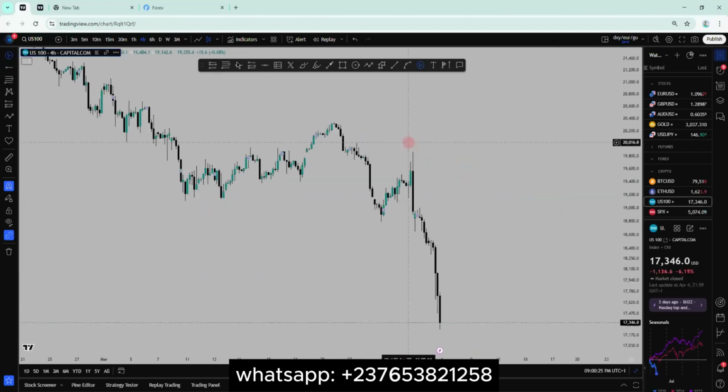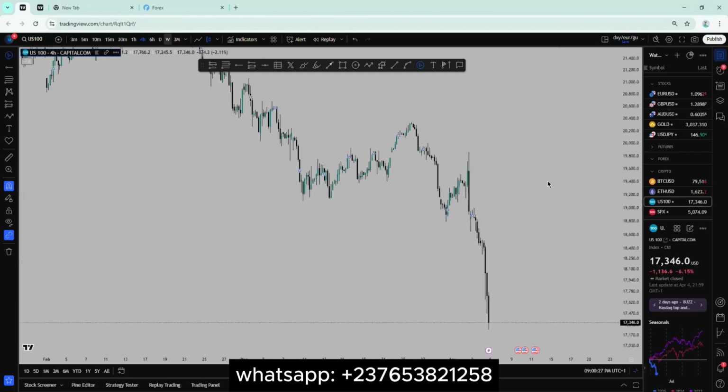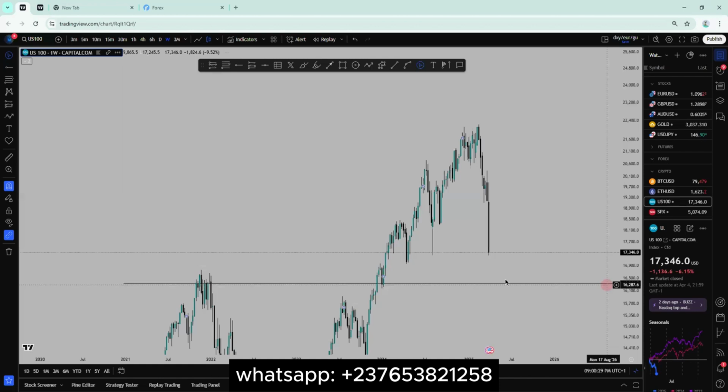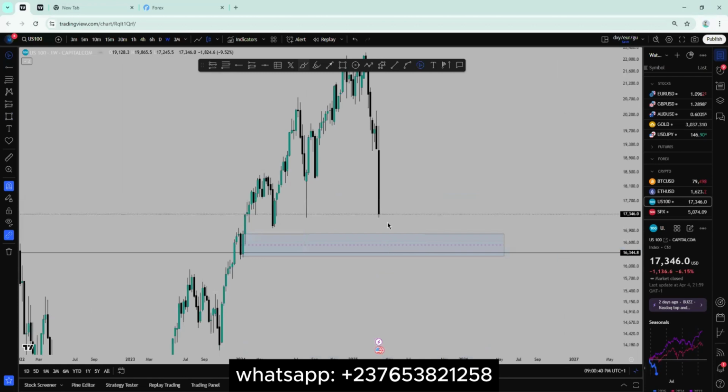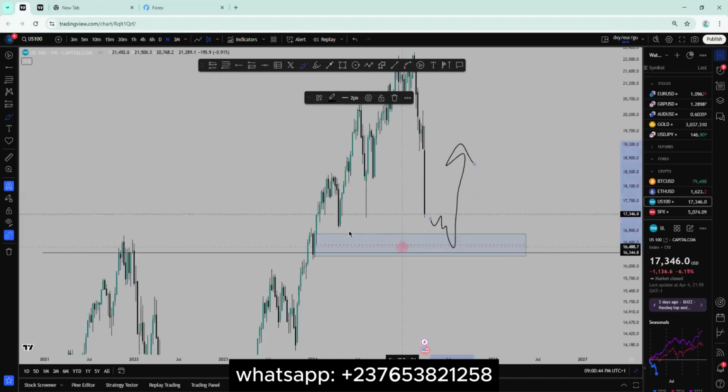Oh, US 100 this week has been dropping so heavily. And we now have this area, this other block here. That's our key level now. Can expect some swing buys from there if we have confirmations. This is a very good key level.